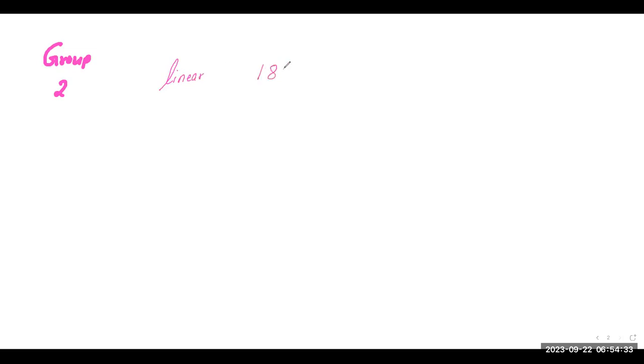Angle is 180 degrees. So we are going to do these examples. Let's draw the Lewis dot structure of BeCl2. Central atom, Be. Skeleton, Cl, right?